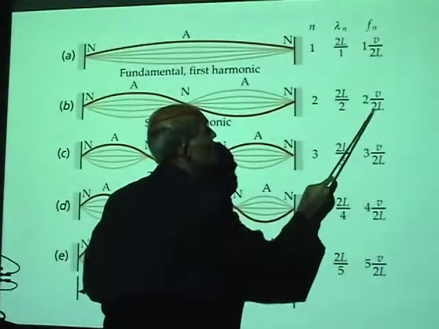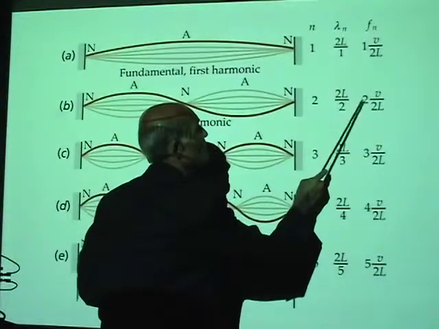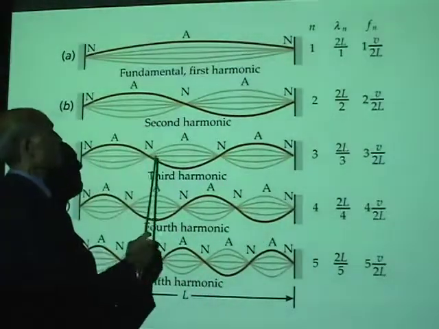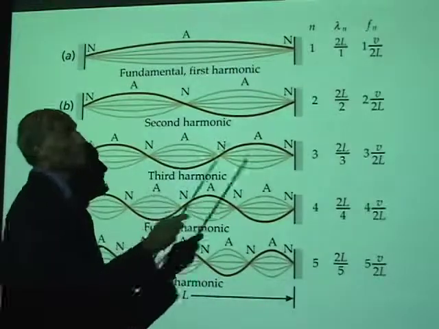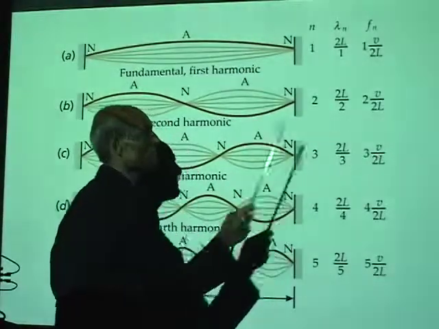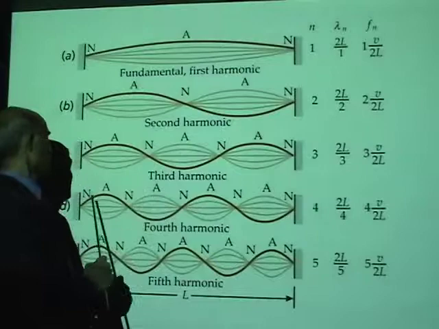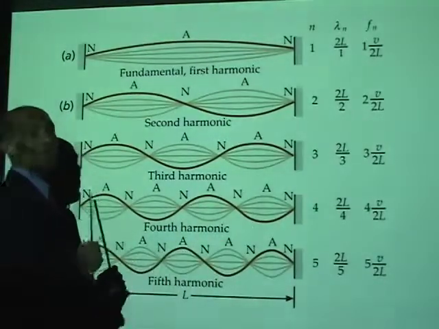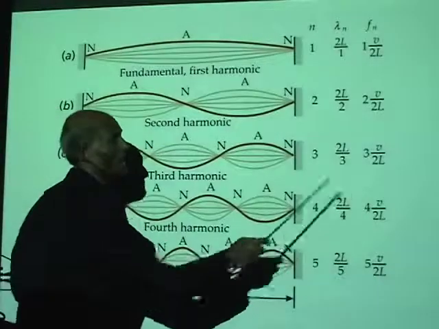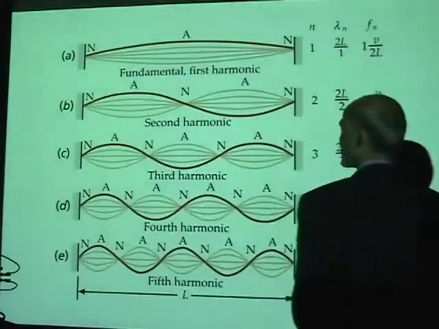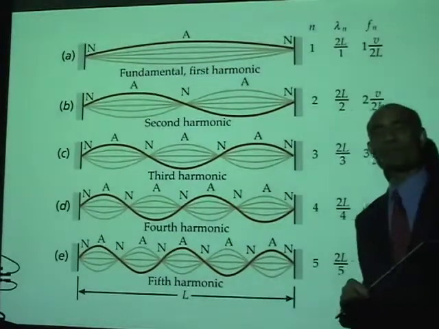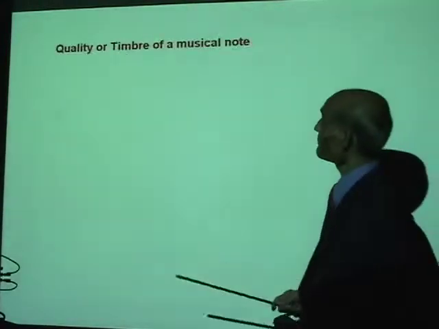You see, V over 2L is the frequency of the fundamental. 2 times the fundamental. What is the frequency of the third harmonic? 3 times the fundamental. What is the frequency of the fourth harmonic? 4 times the fundamental. What is the frequency of the fifth harmonic? 5 times the fundamental. Alright.